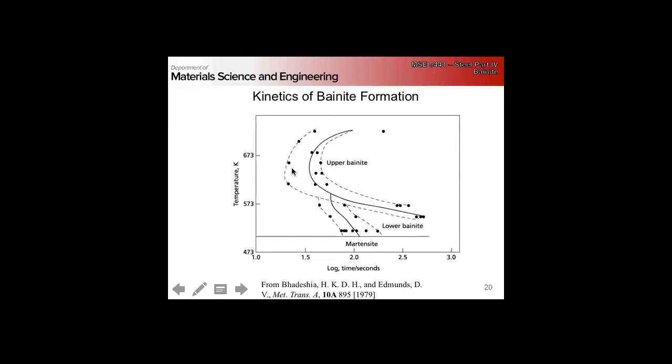Right, and then the others are 10% and 90%, or 5% and 95%, whatever it is for this one. This graph, unfortunately, doesn't have a legend, but that's typically the convention. Don't you remember my exciting TTT diagram exercise from 3321?